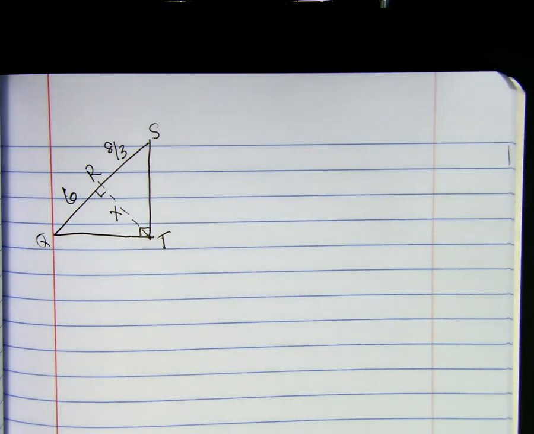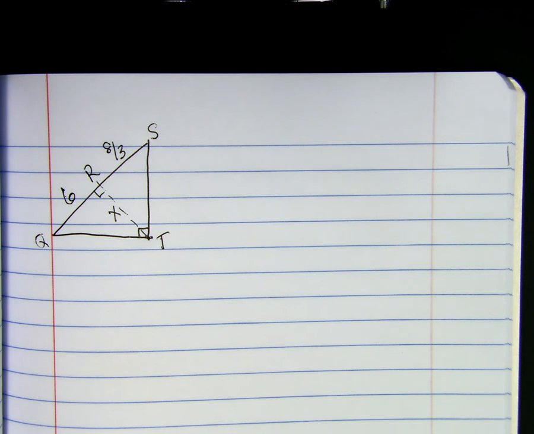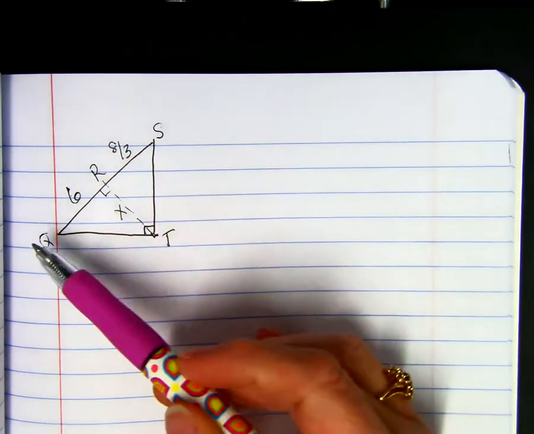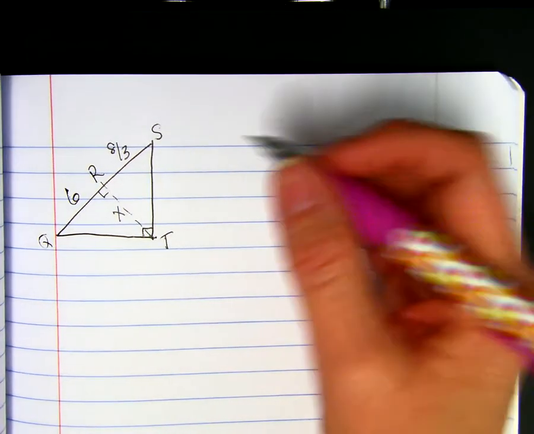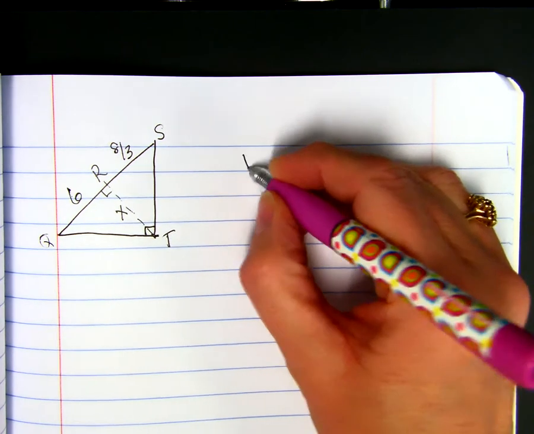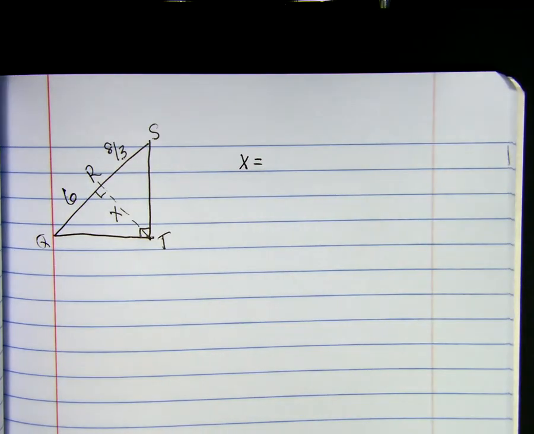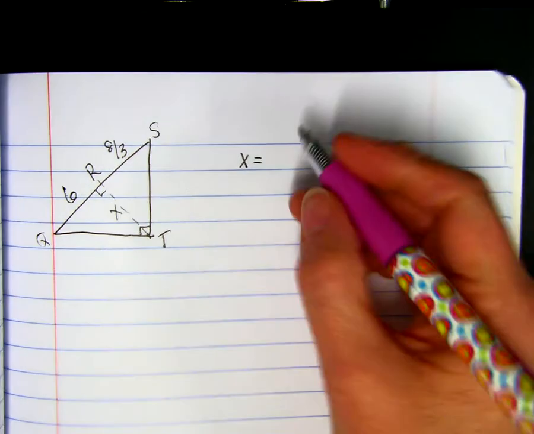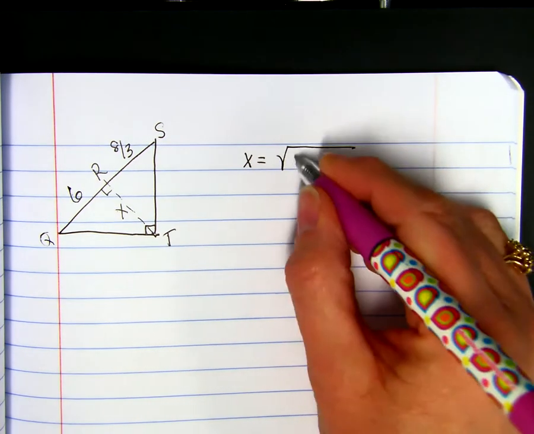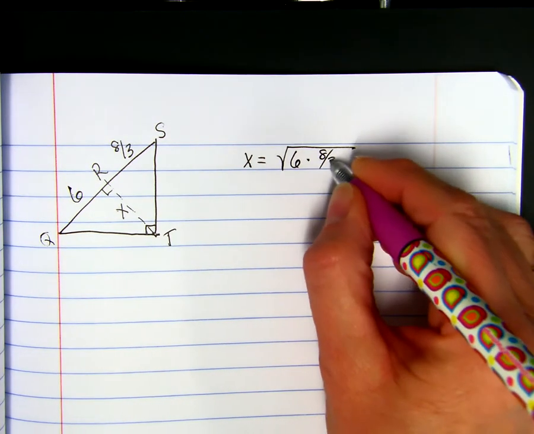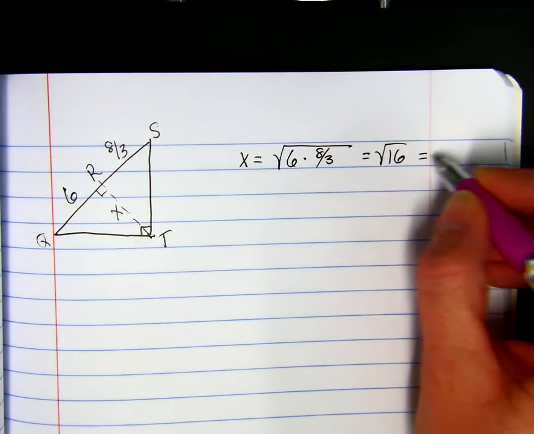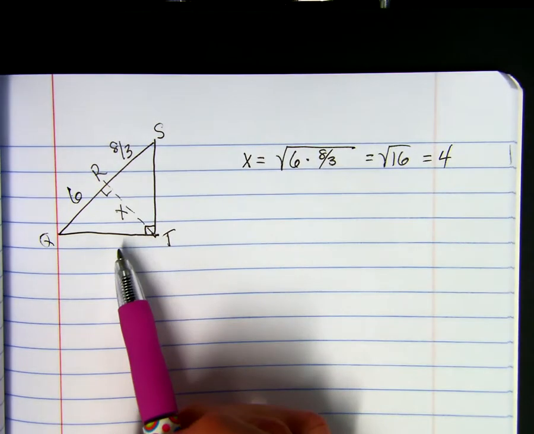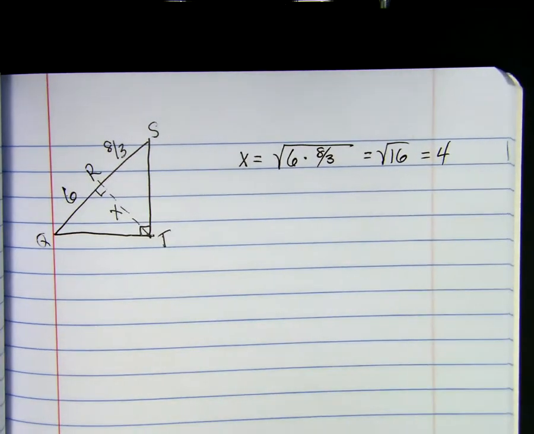So the first corollary says that the length of the altitude is equal to the geometric mean of the two segments of the hypotenuse. So we can just say that X equals the square root of 6 times 8/3, which equals the square root of 16, which is just 4. So X equals 4 in this particular example.